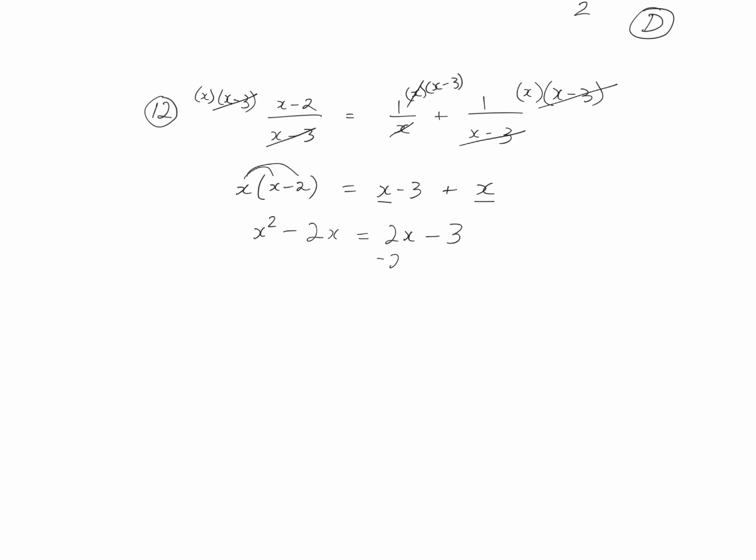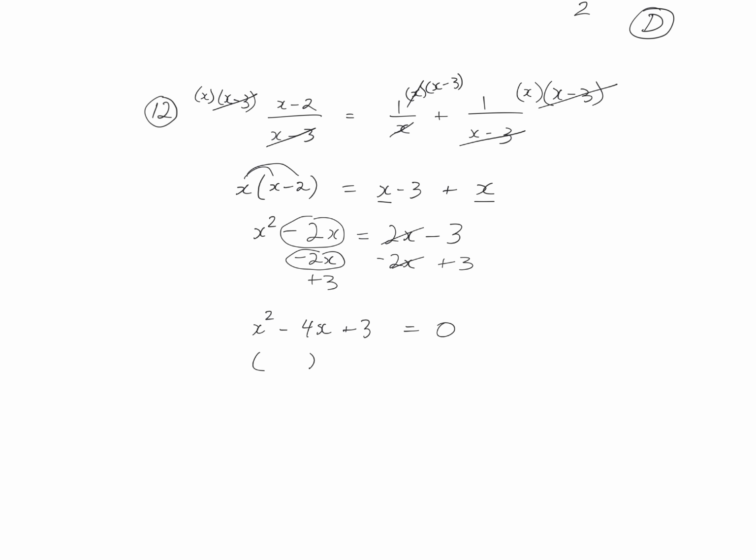We need to subtract 2x from both sides, and add 3 to both sides so that we get it equal to 0. The right-hand side is equal to 0 because this is a quadratic, and we always want quadratics to equal 0. x squared minus 4x, which comes from minus 2x minus 2x, plus 3 equals 0.